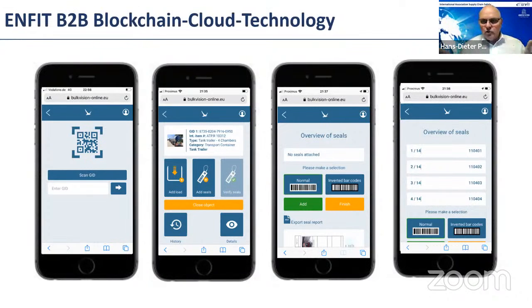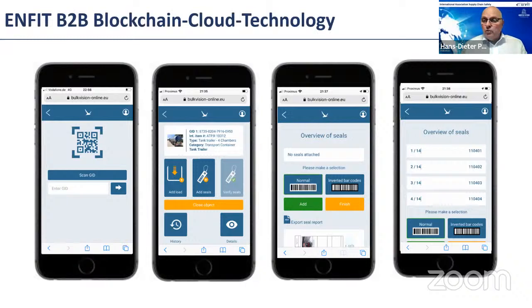So you do not have to put on these numbers by hand, by reading and writing. You scan it with a smartphone. You put all the information about the loading and the seals digitally into the system, and you also get from the system how many seals are needed for this truck and where the places are to install the seals.